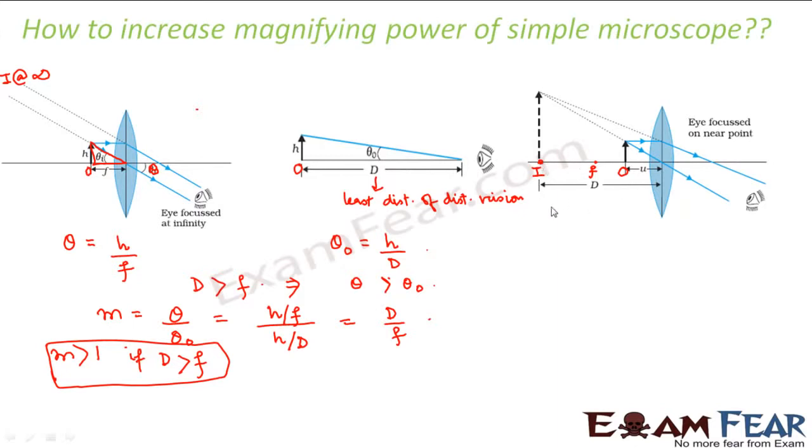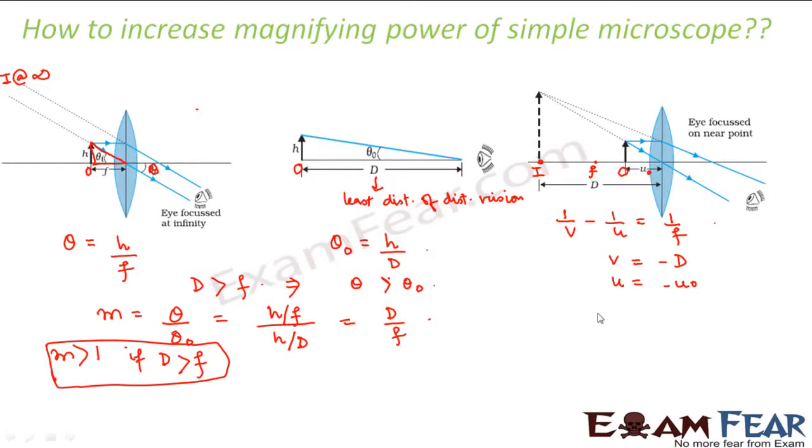So now in this case, let us try to apply the thin lens equation, that is 1 by v minus 1 by u is equal to 1 by f. Now in this case, what is v? Image is formed at a distance d, that is minus d. What is u? u is nothing but minus u. Let me say this u is u naught.